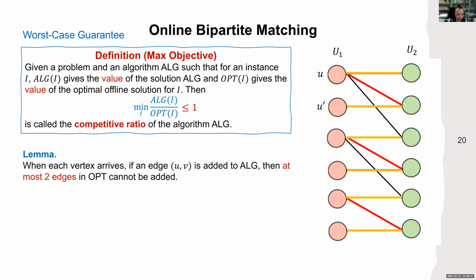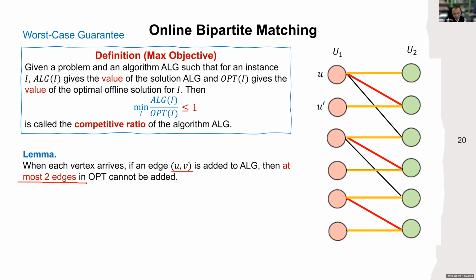And then, there's one interesting thing, which is observed by Xinran. When every vertex arrives, if your algorithm picks UV to be added in your matching, then it's true that it will waste at most 2 edges. Maybe in OPT, U is connected to another node on the right, V is connected to another node on the left.